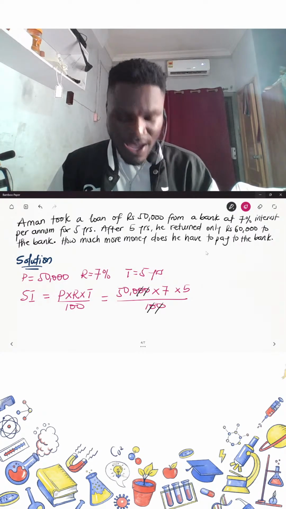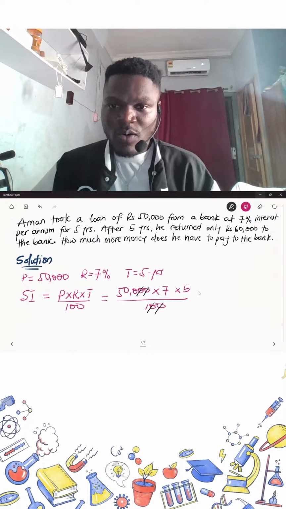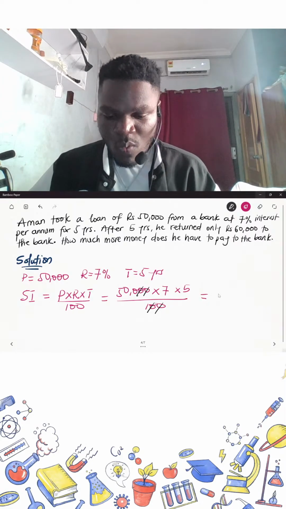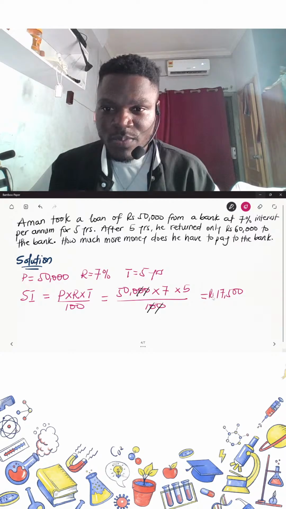All right, so I have here 500 multiplied by 7 multiplied by 5, and this is equal to 17,500 rupees.